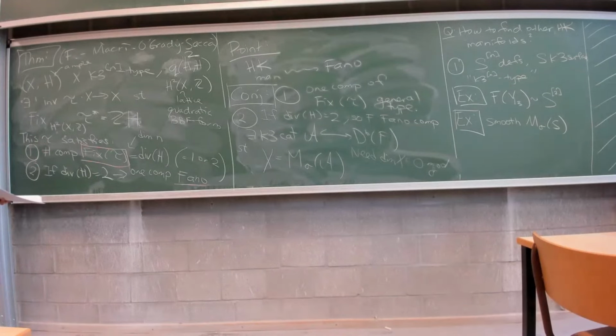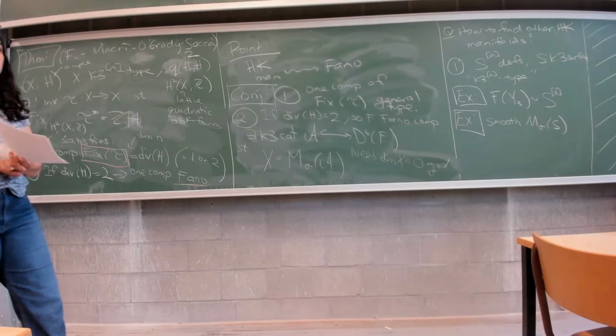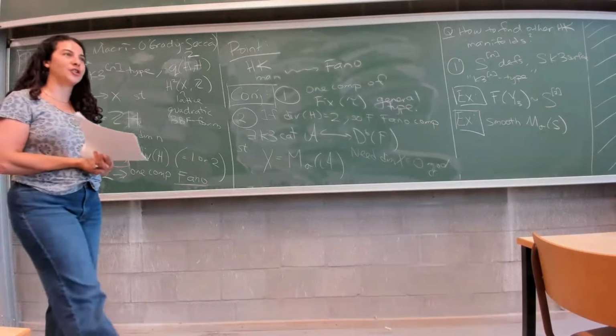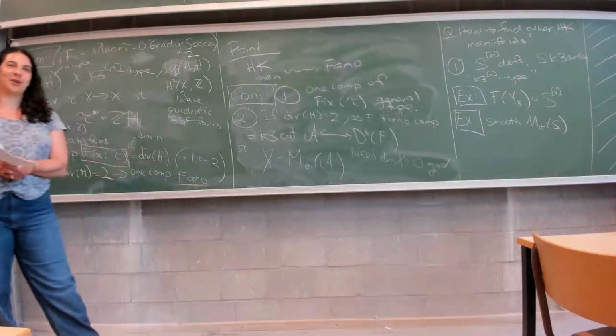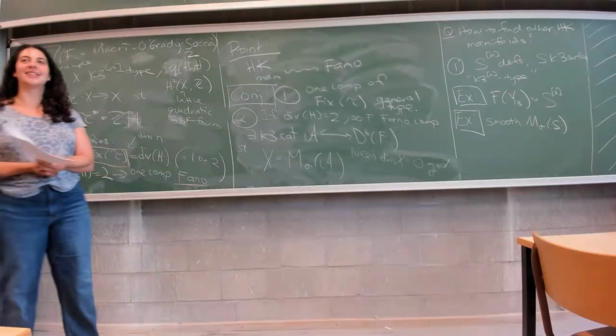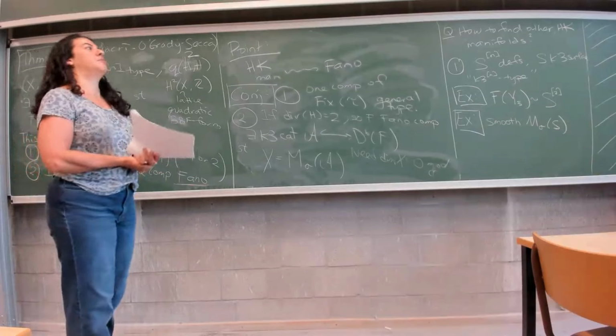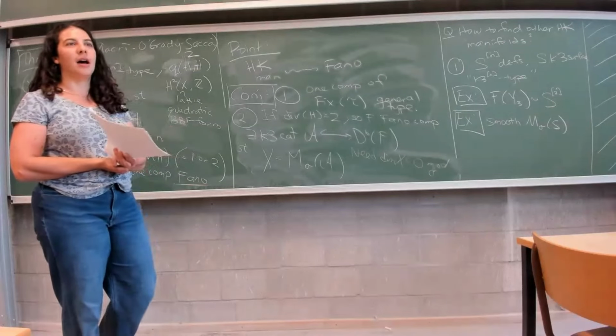So, is it an ambition to classify all hyperkähler manifolds? Yeah. I mean, there's a huge corner of the hyperkähler manifold universe that's devoted to people trying to come up with new examples.